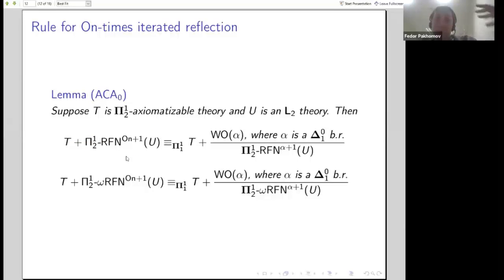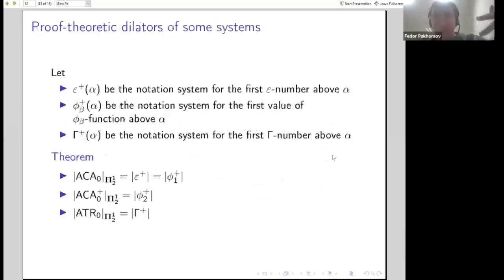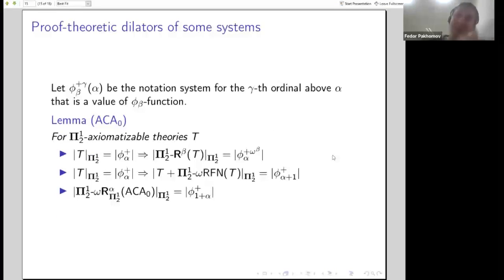So from omega model reflection we go to a theory like this, with omega plus one times iteration of Pi^1_2 reflection, and then we could characterize Pi^1_1 consequences in terms of this iterated Pi^1_1 reflection rule. And basically this conservation result allows us to apply this first line of the method to obtain the second line.